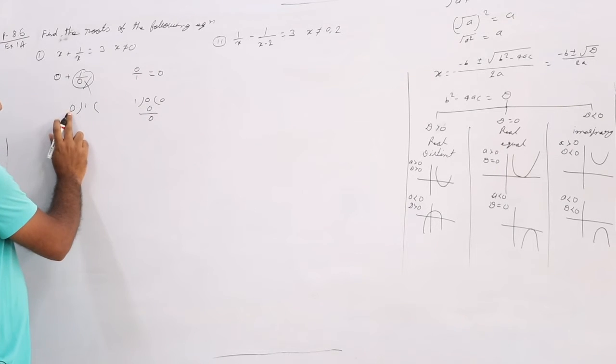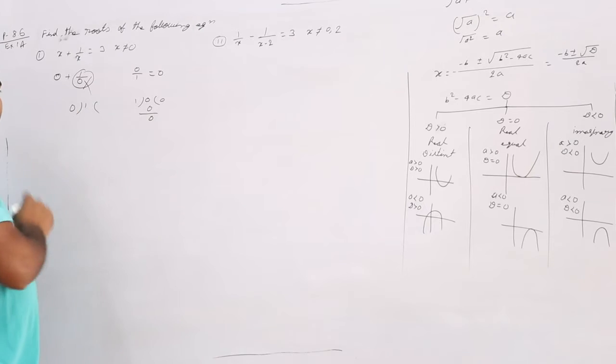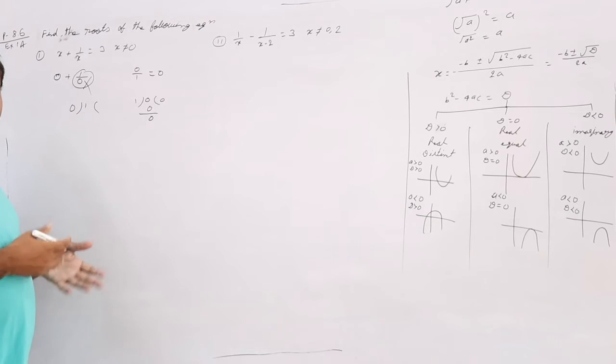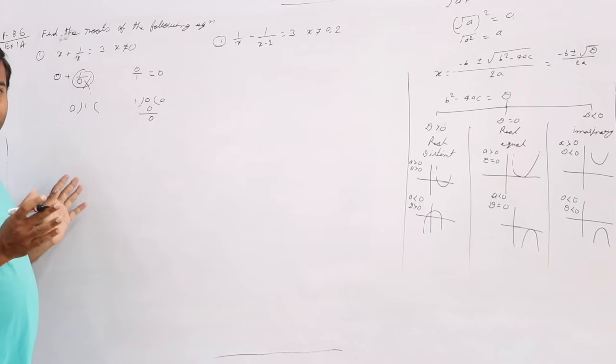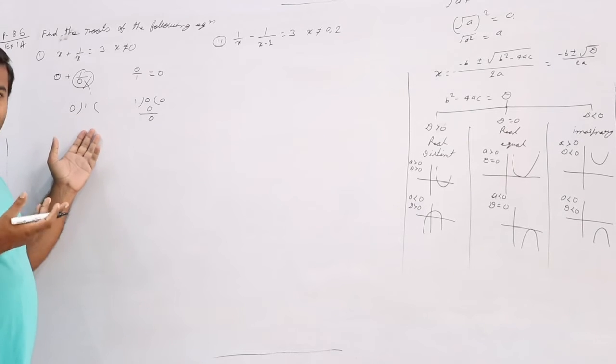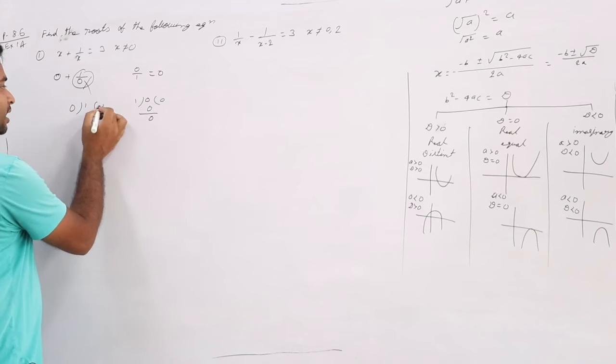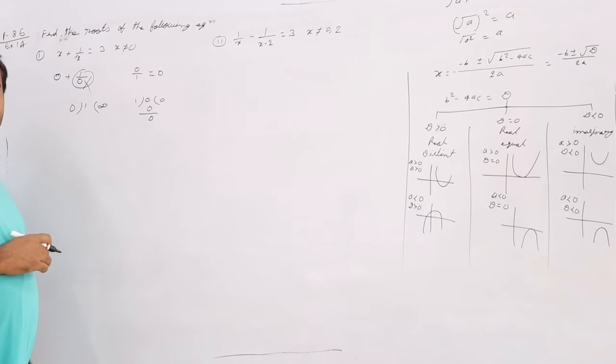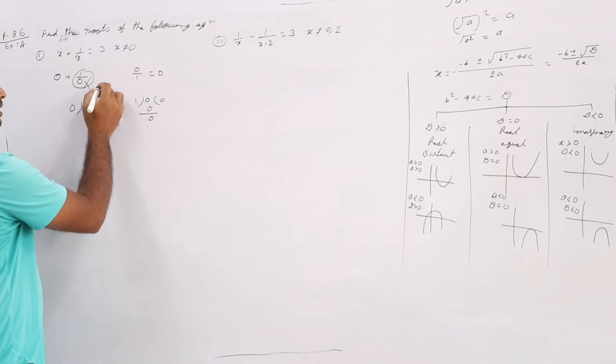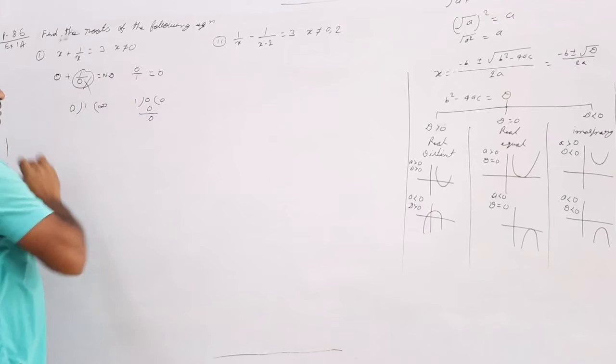But in 0, how much should I multiply that I will get 1? 10, 20, 5 lakh, 20 lakh, what will you multiply that will get 1? Not possible. Even if you go to infinite, you will not get the answer. So the answer is not defined.